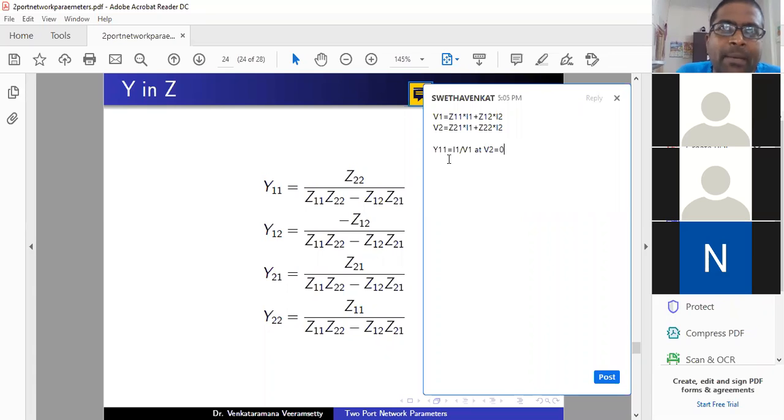The Y parameters are also called short circuit parameters. Short circuit means the voltage is 0, so V2 equal to 0. Now keep V2 equal to 0 in the second equation.